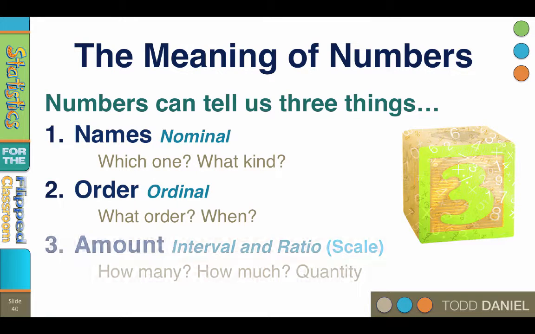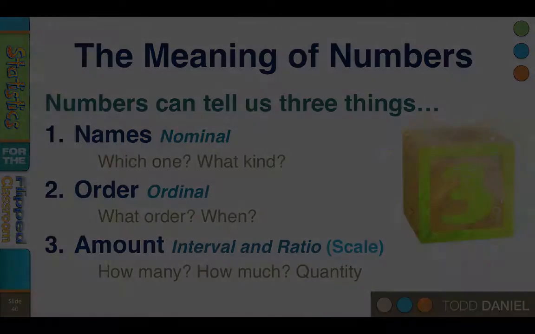And finally, numbers can tell us about an amount, such as how many or how much. These values always have equal intervals between them, but depending on whether the numbers could allow for negative values, or if they have a true zero, we call them interval or ratio. In SPSS, both interval and ratio data, any data that indicate an amount, are called scale data.